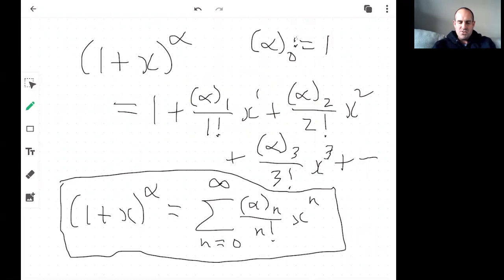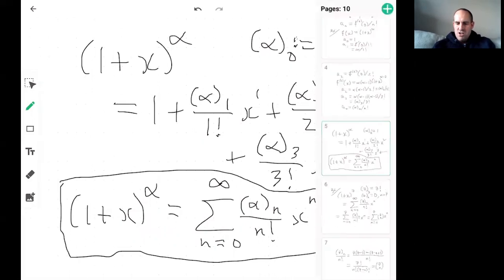And the Pochhammer symbol is what we were led to, sometimes called the falling factorial. It's like alpha put in, but alpha doesn't have to be an integer. And that was the formula we came up with.